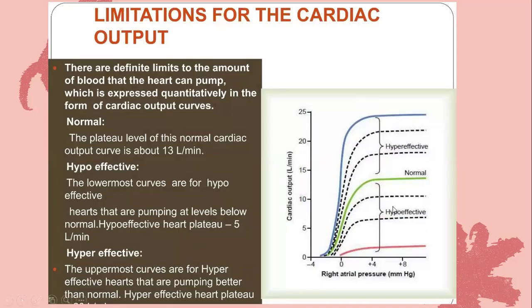In this normal graph, it is usually the definite limit, and the plateau is about 30 liters per minute. When it is less than that value, we call it hypoeffective. When it is increased, it is hypereffective. In a hypereffective heart, the heart pumps more than the normal. But in hypoeffective, the pumping ability of the heart is reduced.